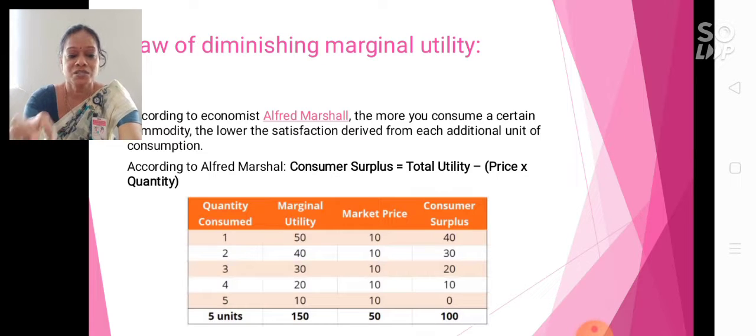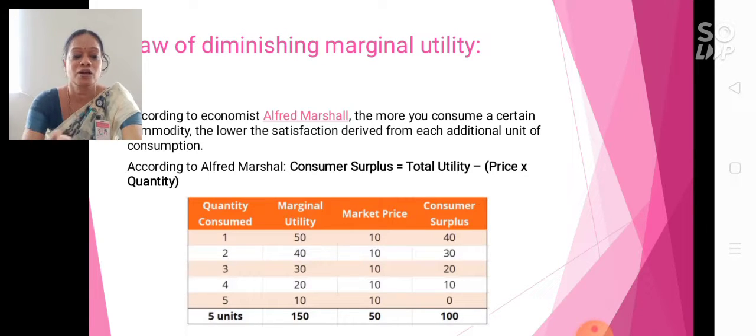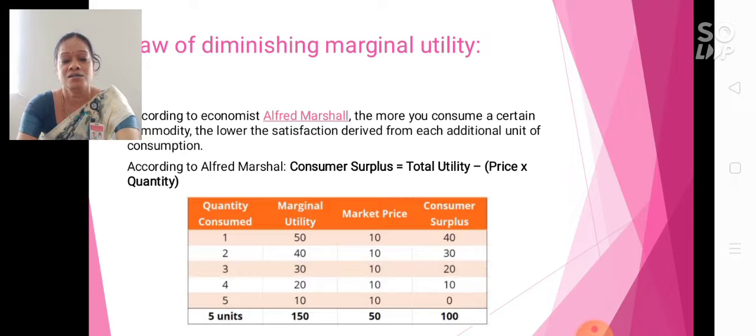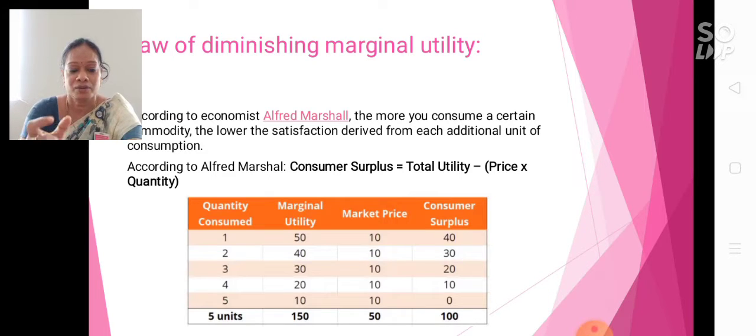So the consumer surplus is based on the economic theory of marginal utility, which is the additional satisfaction a consumer gains from one more unit of a good or service. The utility that a good or service provides varies from individual to individual based on their personal preference.